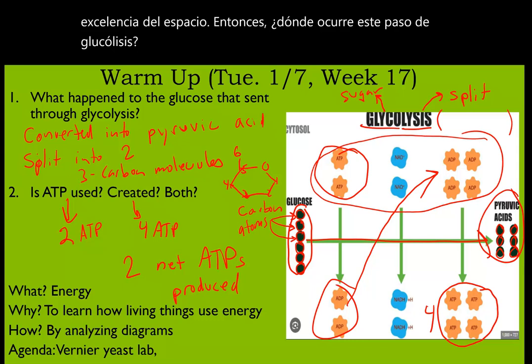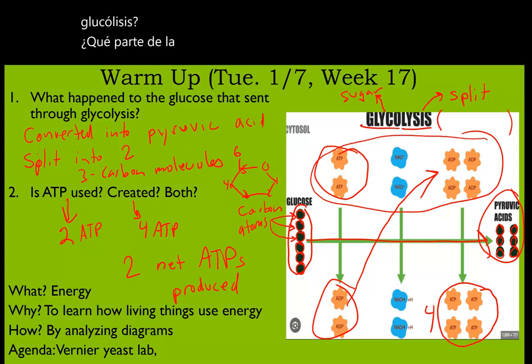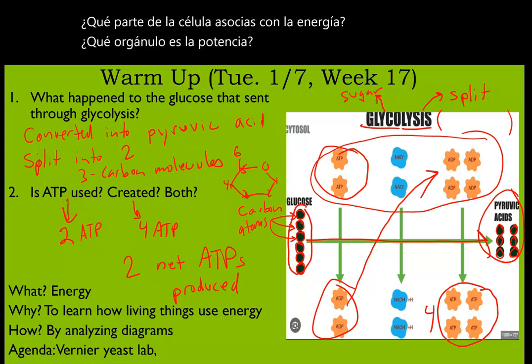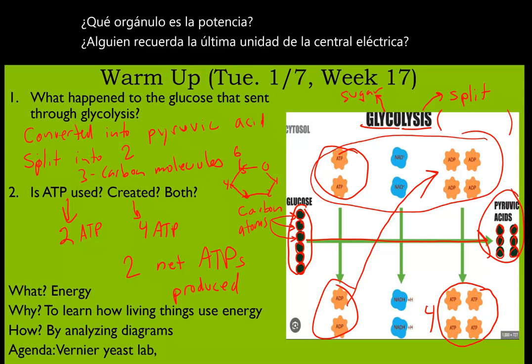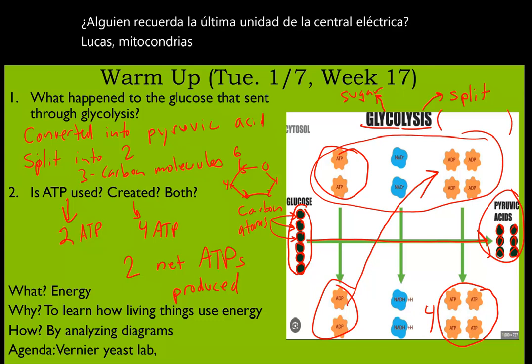Well, what part of the cell do you associate with energy? Which organelle is the powerhouse? Anybody remember last unit? The powerhouse. Lucas, no powerhouse? Mitochondria, yes. Does this happen in the mitochondria? No, it doesn't.